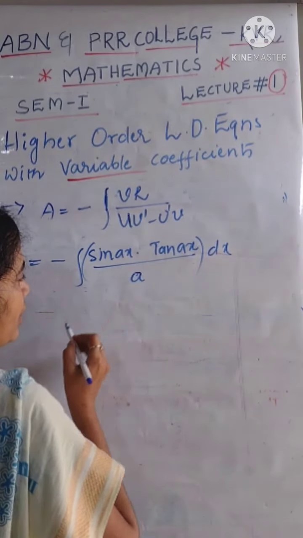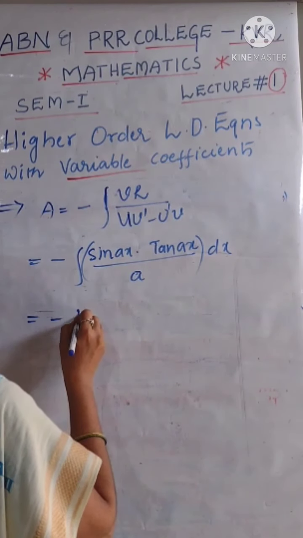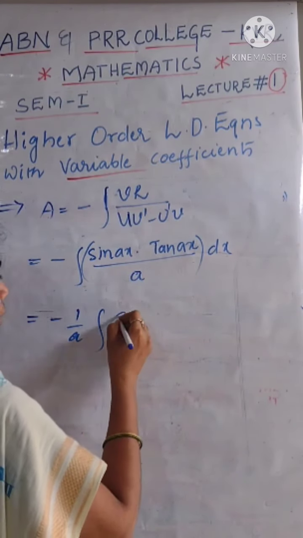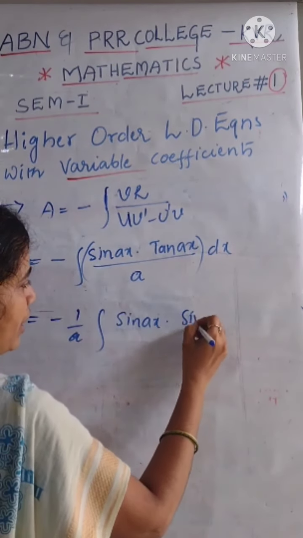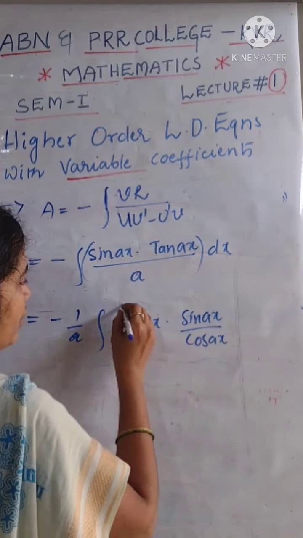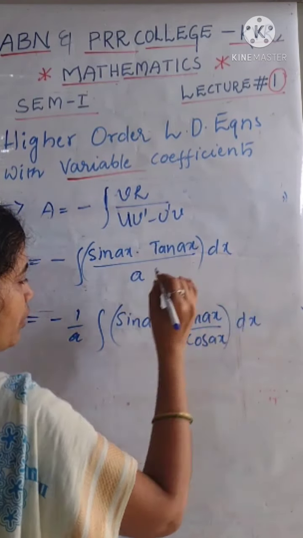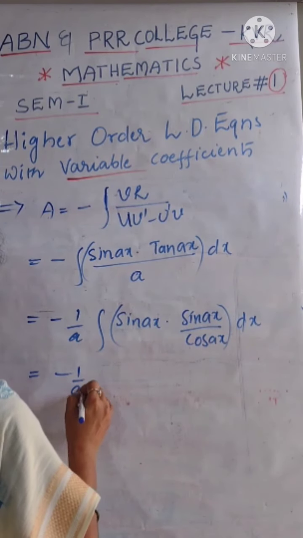It is nothing but a. Let us find this integral by known formulas. Sin ax, what is tan ax? We can write it as sin ax by cos ax, with respect to x, as we are considering integration here.